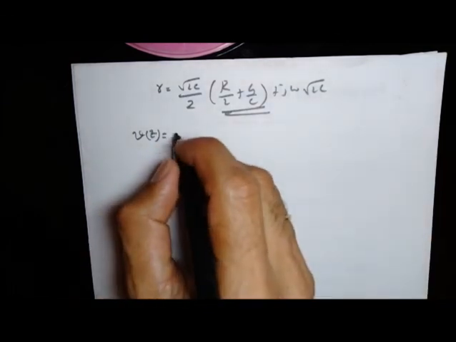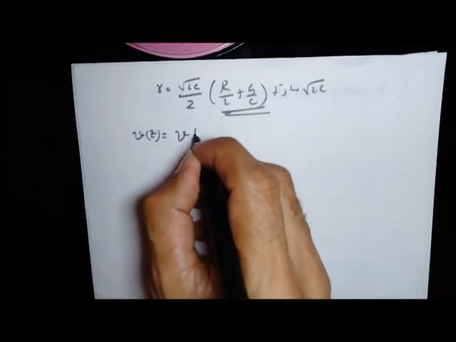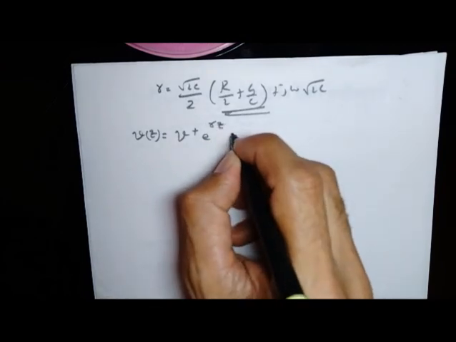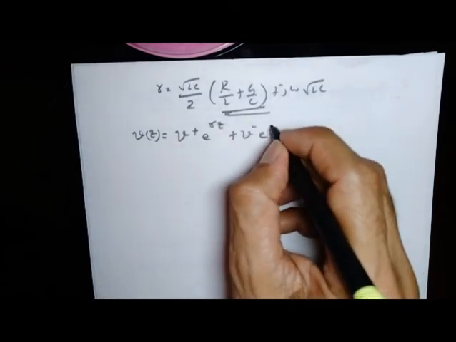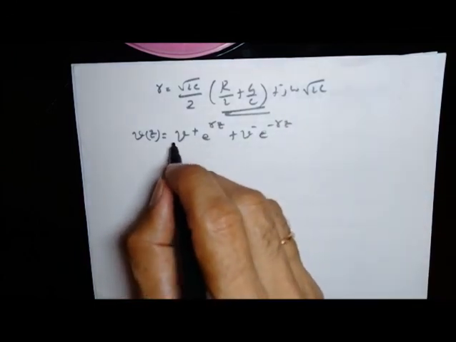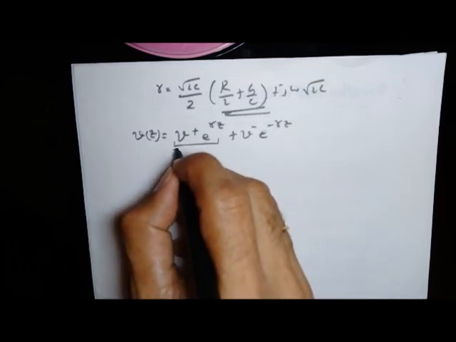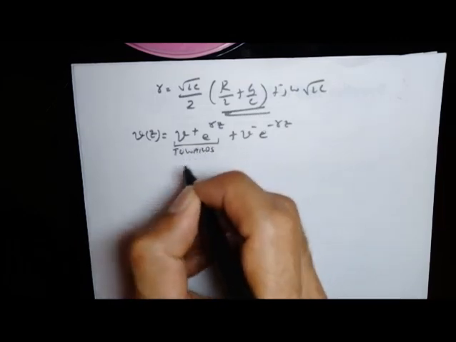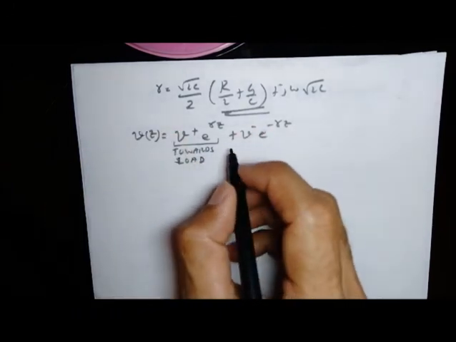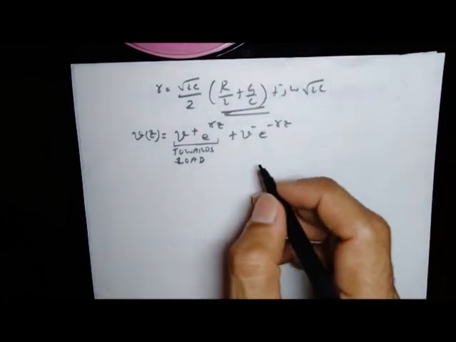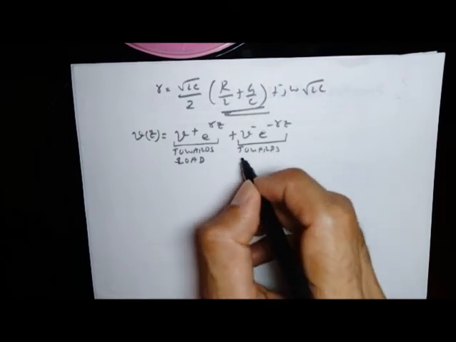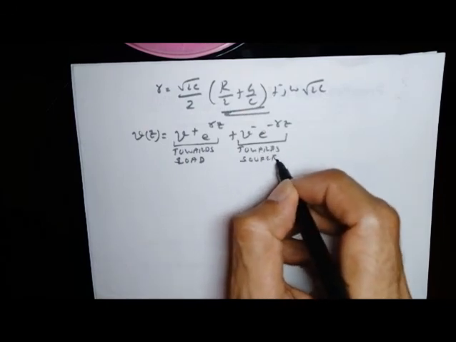In general the solution can be V plus e power gamma z plus V minus e power minus gamma z, where this will be towards the load. So this is from source to load, the so-called forward propagating, and this will be towards the source. So this is getting reflected.